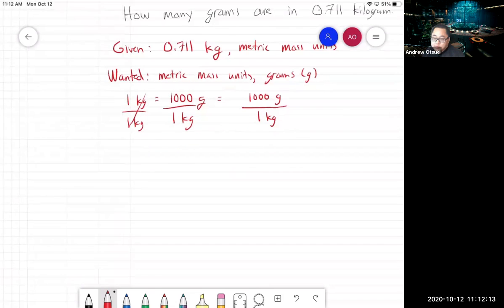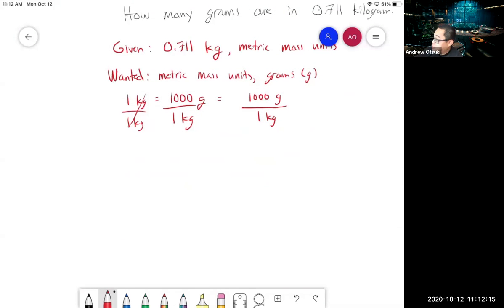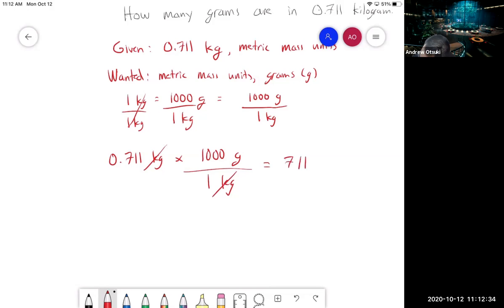Like we did before, we put these together: 0.711 kilograms times 1,000 grams per kilogram. Our kilograms cancel out, and we get 711 grams.